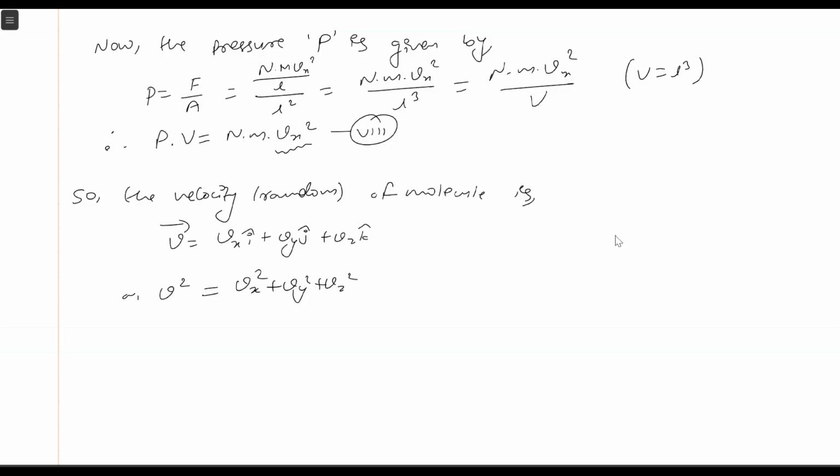Now we know that as the molecules are moving randomly, the average velocity in x direction, y direction and z direction will be same.